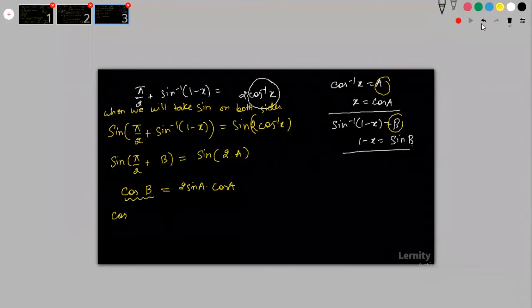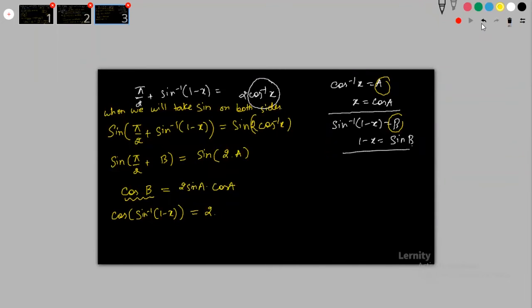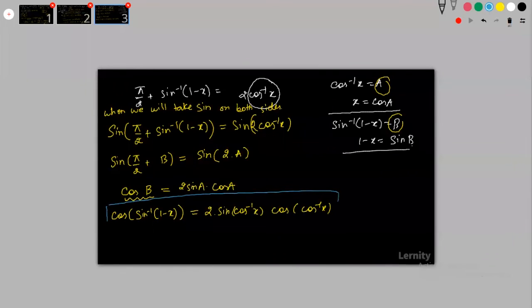Cos of sine inverse of 1 minus x is equal to 2 into sine of cos inverse of x into cos inverse of x, right? So now let's see. In this whole line, see, cos is involved with sine.